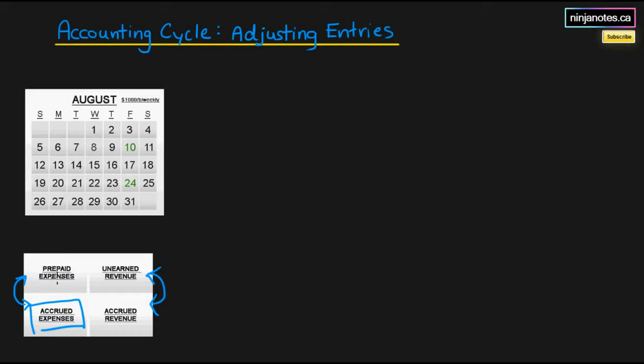So prepaid expenses are that we've paid for them initially, and accrued expenses are that we haven't paid for them yet, but we've actually consumed the expense, or have incurred an expense, I should actually say. And we'll learn about all these different adjusting entries in the supplement videos I am going to provide. So hopefully you understand the accrued expense entry I just went over, and I'll provide examples in the next videos.